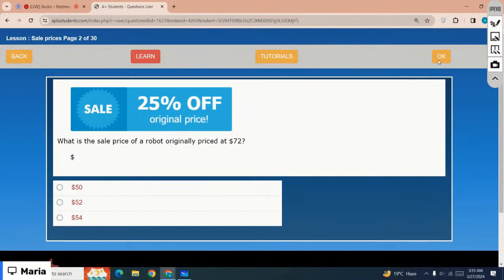So which is the correct option? Calculate the 25% of 72. 72 times 0.25, that is $18.